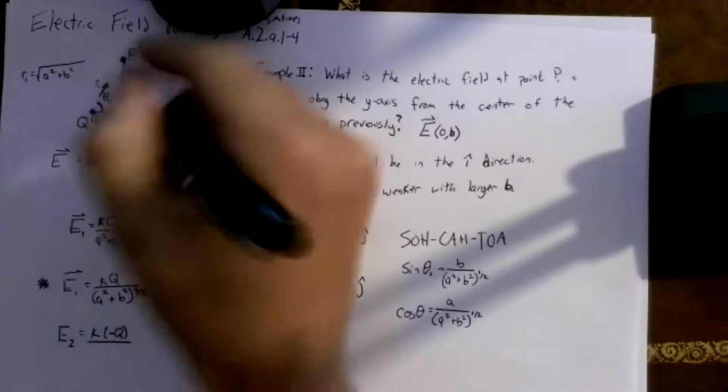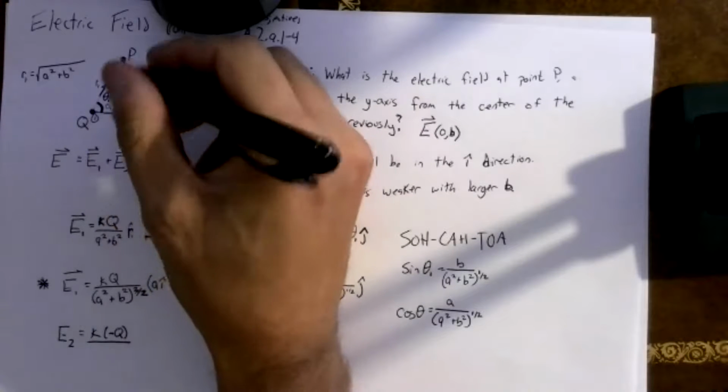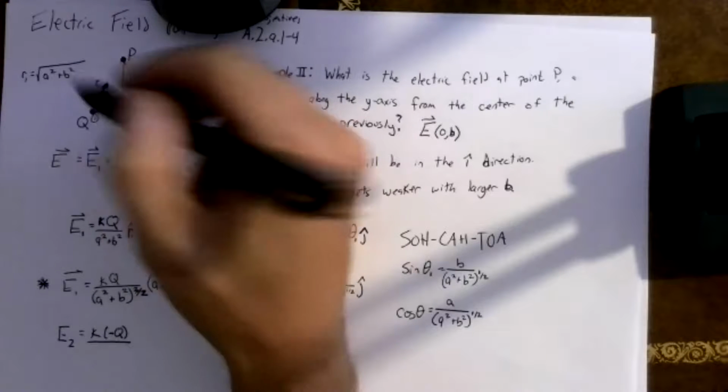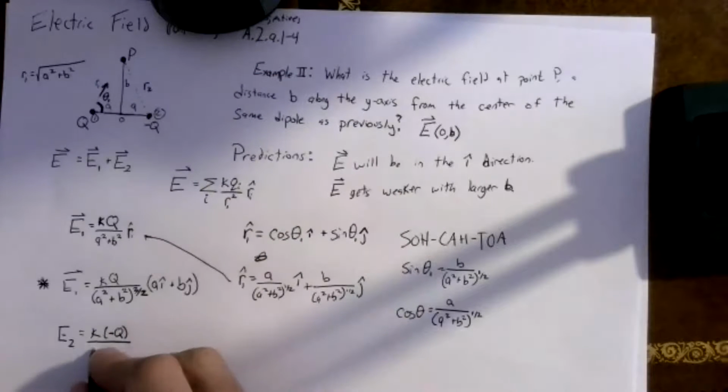It's the same distance. It's still the square root of A squared plus B squared. It's the same right triangle, just flipped over. So we have the same denominator. If we square that, we get A squared plus B squared.